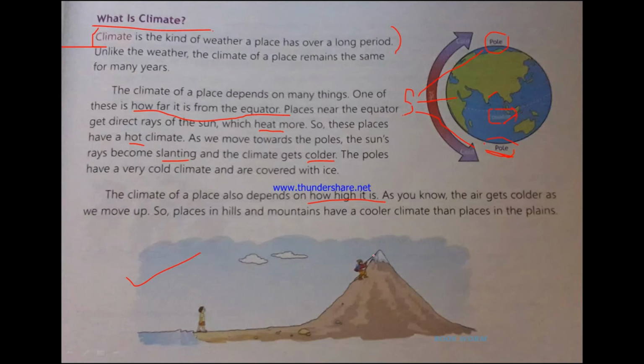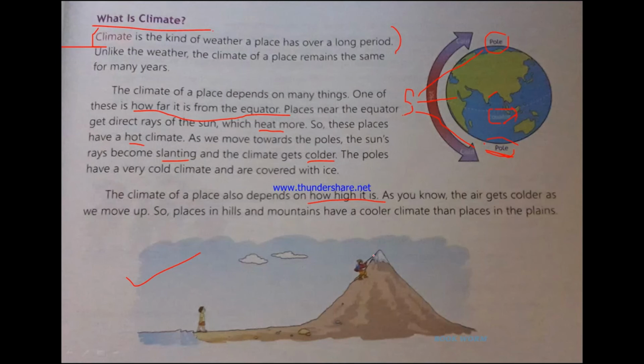See Mount Everest. Even in the summer season the highest point of Mount Everest is covered in snow. Even when we do not get any snow in the winter, Mount Everest is covered in snow throughout the year. This is due to the height of the place.